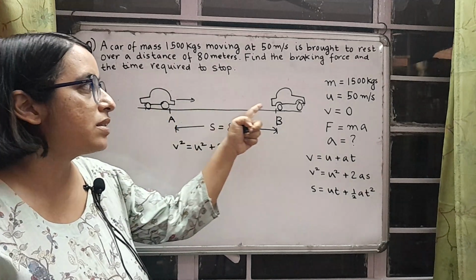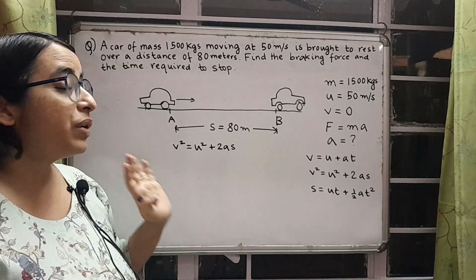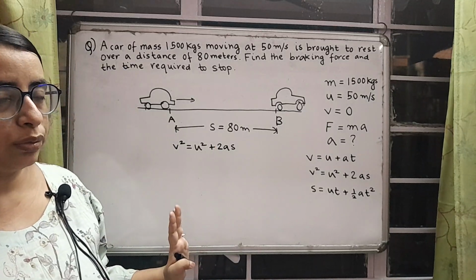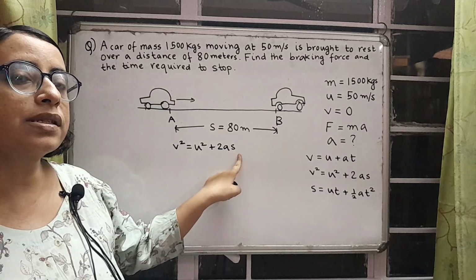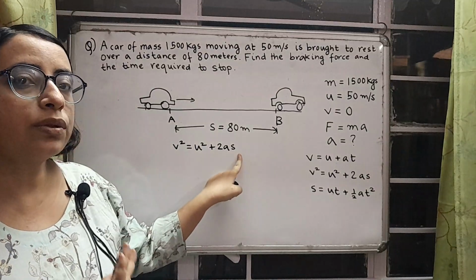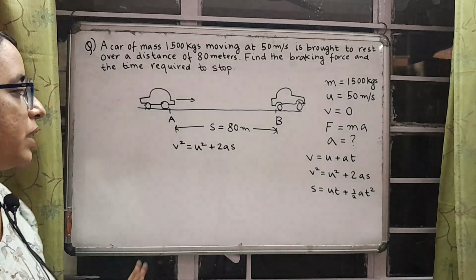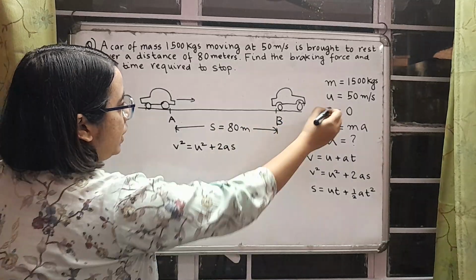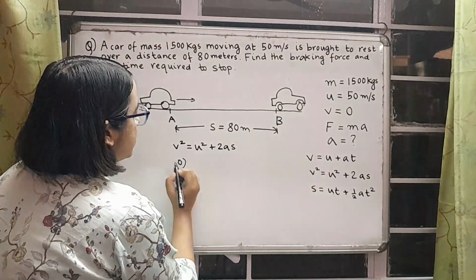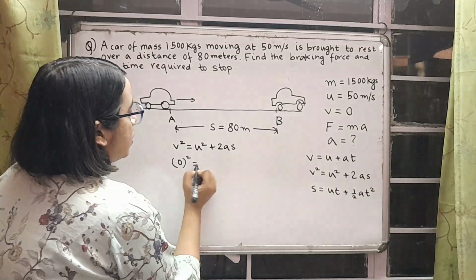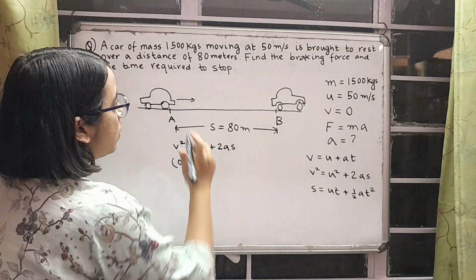Here the body is slowing down, but I pretend that I do not know. I take the equation in its pristine form without sign convention and I put in the values. So v, the final velocity, as it comes to rest, is 0. So 0 squared. u is the initial velocity.